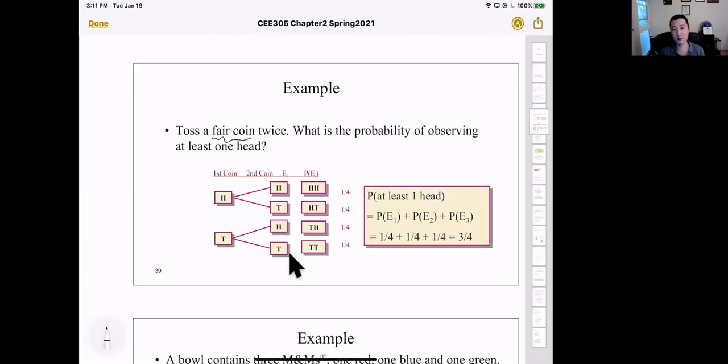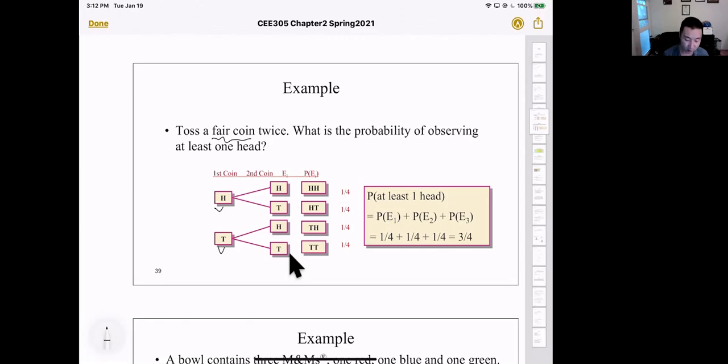We should decompose this experiment into steps. The first step is to toss the coin once. The possibilities are we get head or tail, a 50-50 chance.